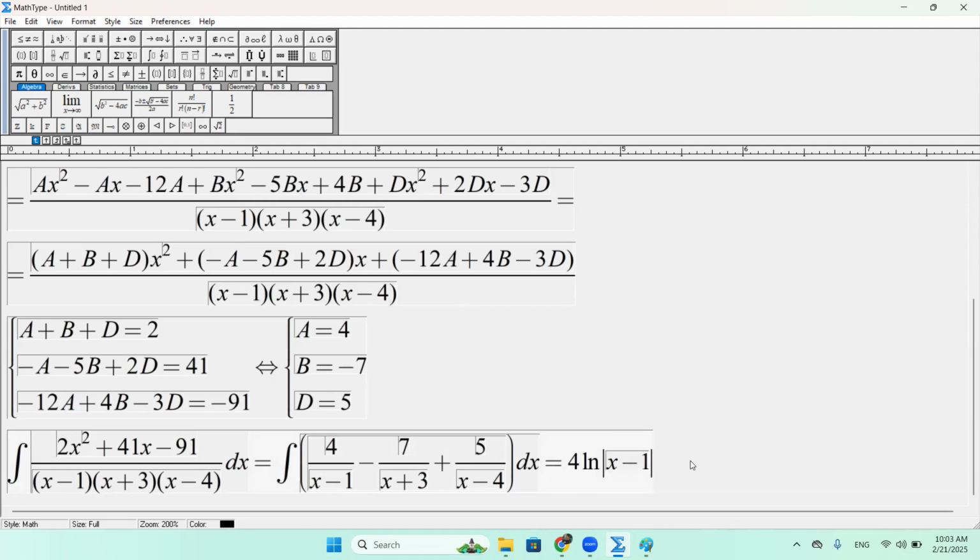We will skip writing such details now. So we have such a sum of logarithms. And this is the final answer. Any questions about this exercise?